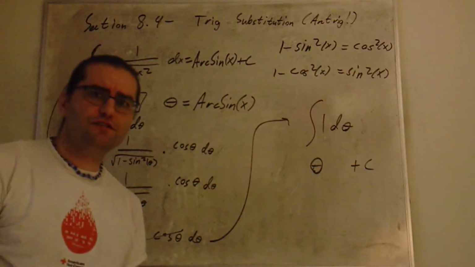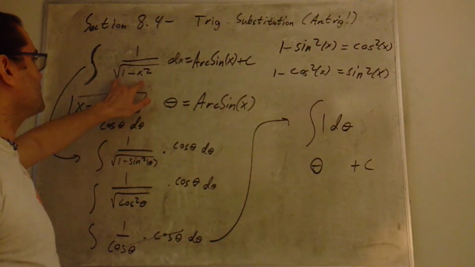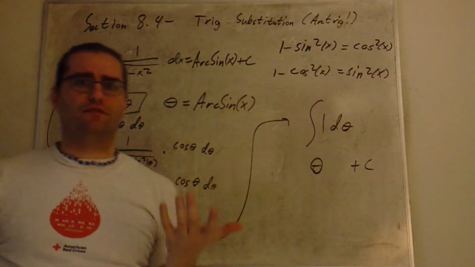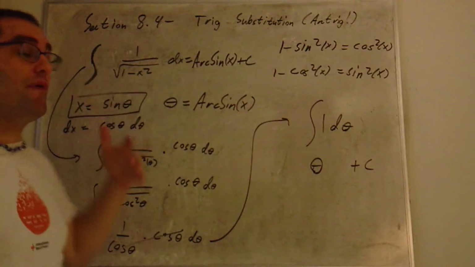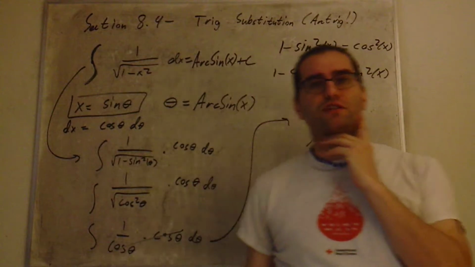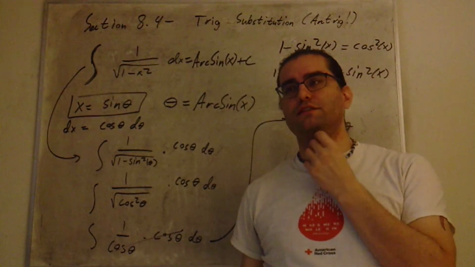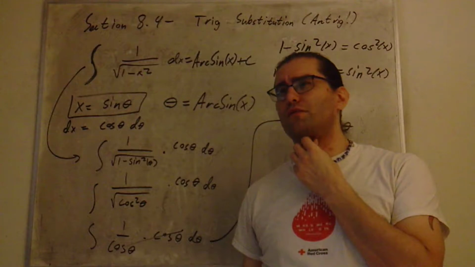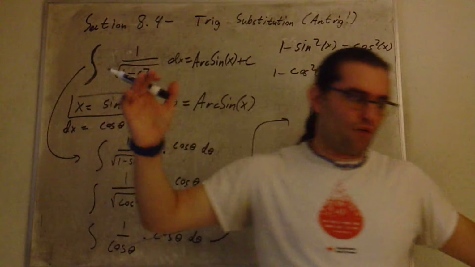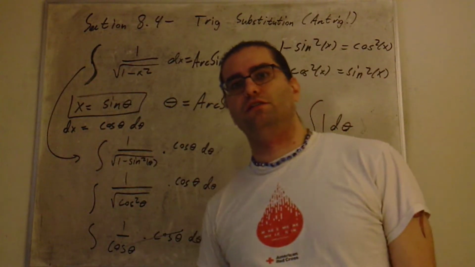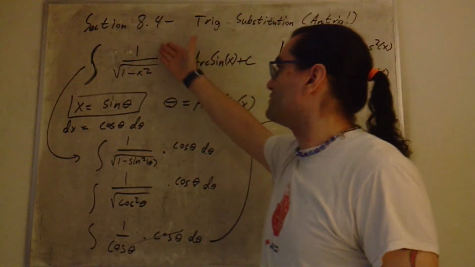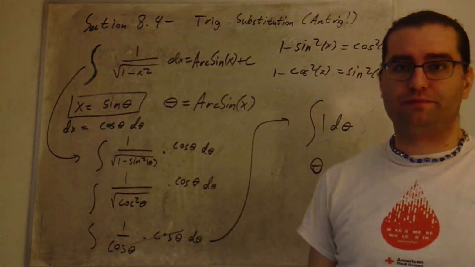Which is not very intuitive. When you start with this weird 1 over the square root of 1 minus x squared, arcsine's probably not the first thing that came to your mind. But if you dig up your old Calculus 1 notes, probably late in chapter 3, 3.8, 3.9 maybe, somewhere in your old calculus textbook you will find notes from when we did the derivative of arcsine, and the derivative of arcsine is 1 over the square root of 1 minus x squared.